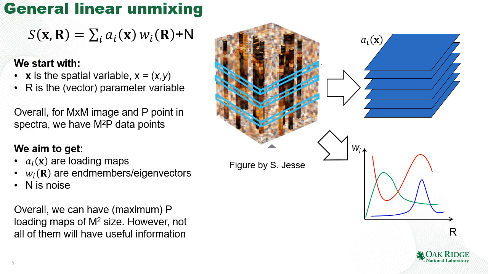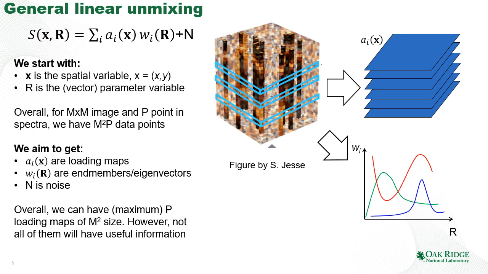So imagine that you have a spatial image which has m by m spatial points. For example, in scanning probe microscopy, typical would be 256 by 256 pixels. And it has p points in spectra. So overall, we will have m squared p data points. So this is the size of our data cube.